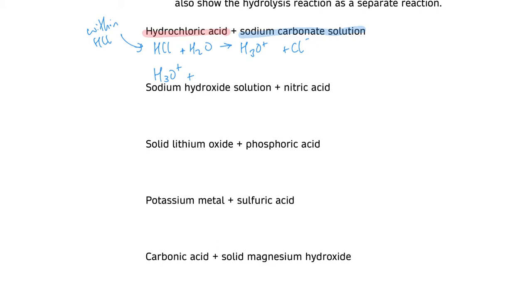So the H3O plus is added to sodium carbonate solution. So that sodium carbonate solution is made up of Na plus ions and CO3 2 minus ions, right? Because it's a solution, they're not stuck together. You should hopefully remember that sodium doesn't do much in reactions, or the sodium ion doesn't do much. So therefore it's just the CO3 2 minus.